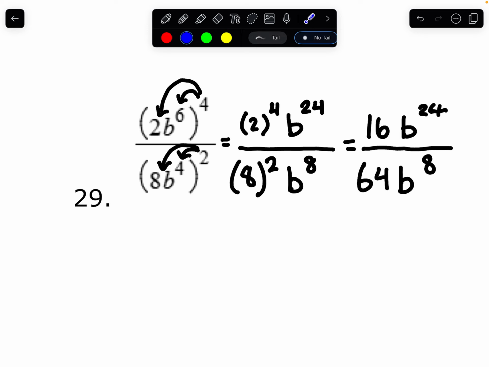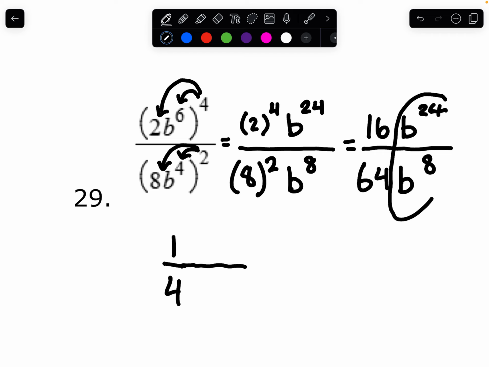A couple of things here. When we have a fraction, we're just going to plug the fraction into the calculator just like we normally would, or do the division, right? So alpha y equals 16 over 64. And so you can actually see that this is 1 over 4. And so this is, then I have my b's over each other.